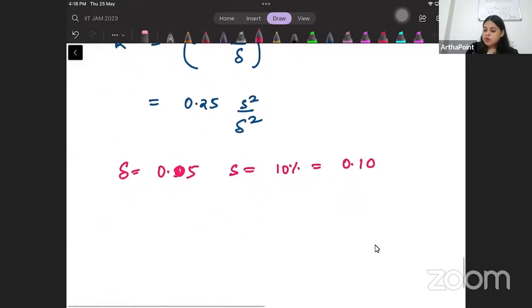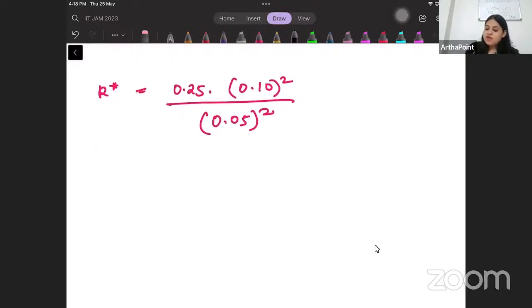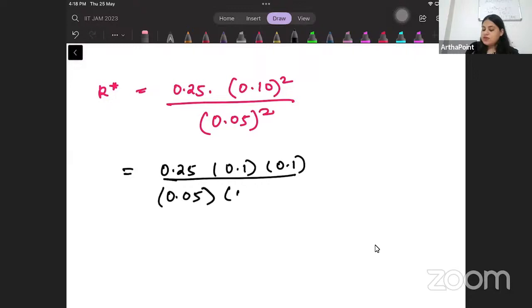So if I just put down the values, K star will be 0.25 into 0.10 whole square upon 0.05 whole square. This will be the level that you will get, right? So if I just solve this, 0.25, 0.1, 0.1, 0.05, 0.05. Solve this, beta.